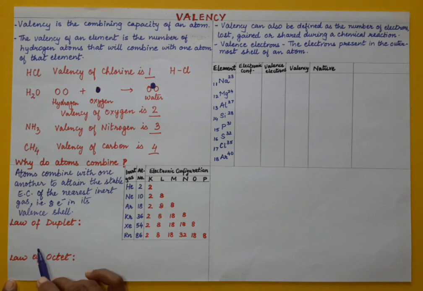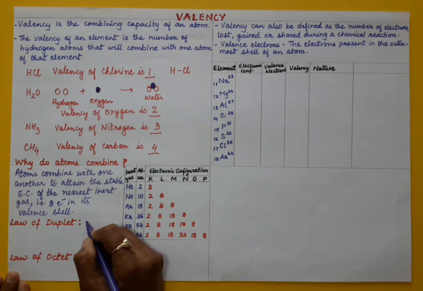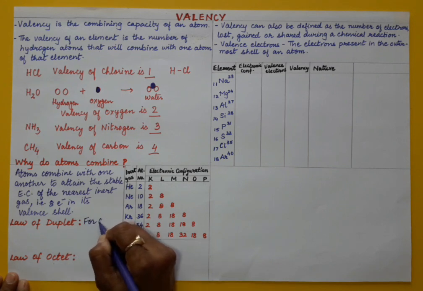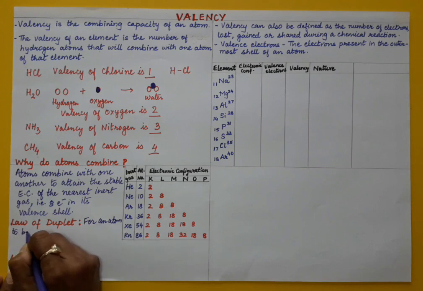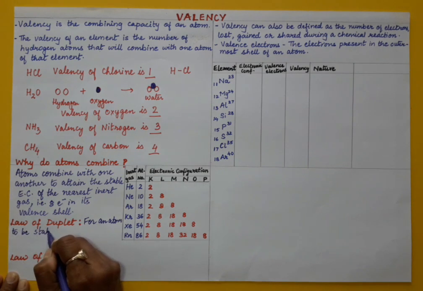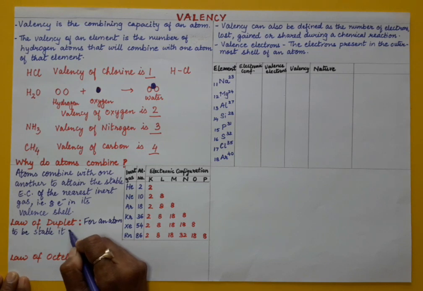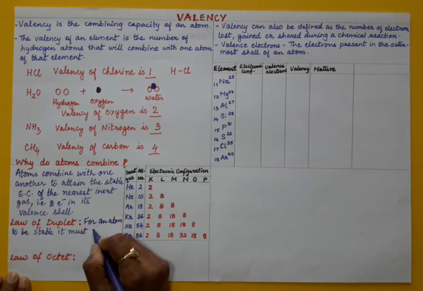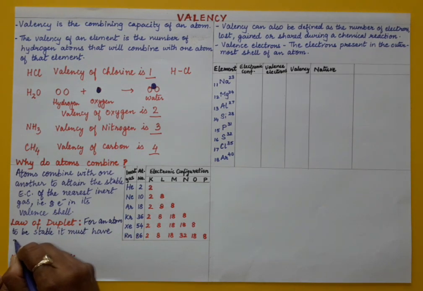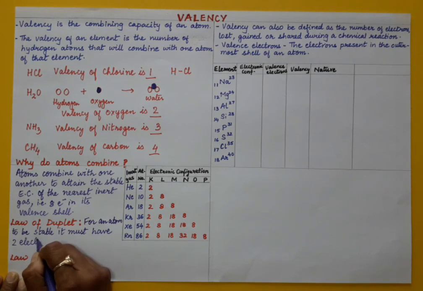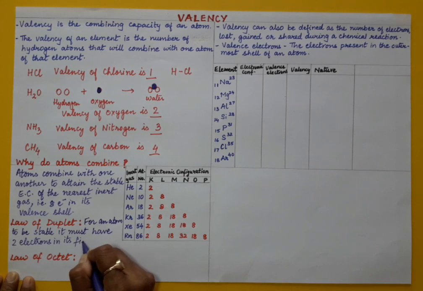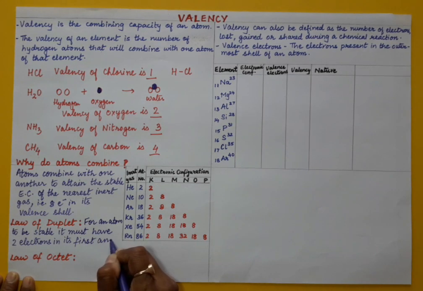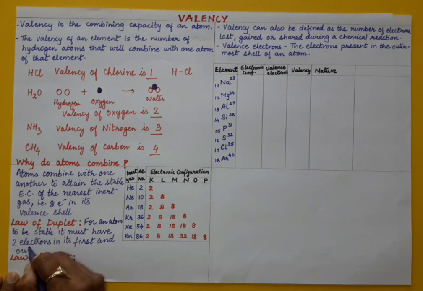So let us understand what is the law of duplet. The law of duplet is that for an atom to be stable, it must have 2 electrons in its first and outermost shell.